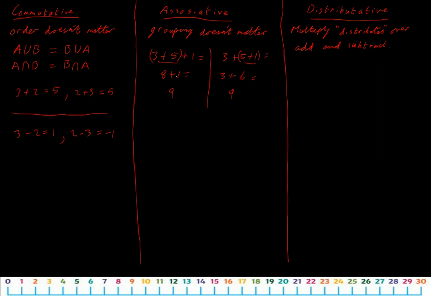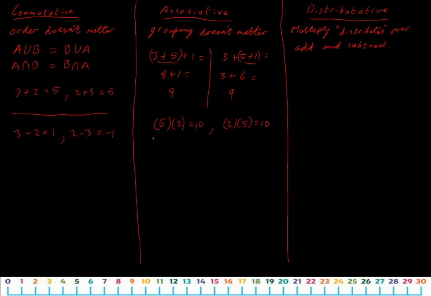So this is an example of the associative principle, or the associative rule. Likewise with multiplication. If I have 5 by 2, that is equal to 10. Or if I have 2 by 5, that is also equal to 10. It doesn't matter which one we write first.